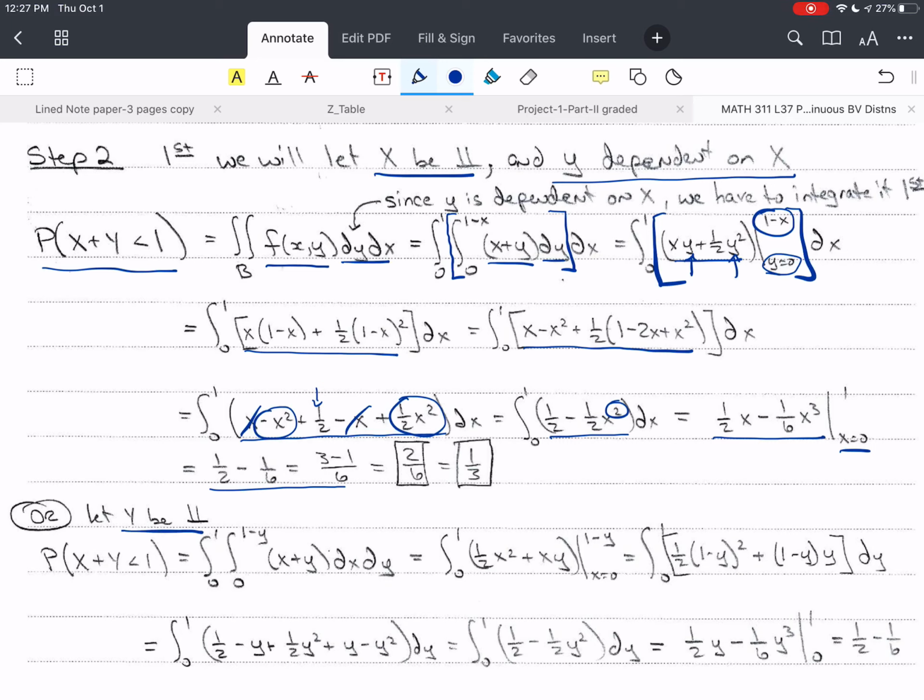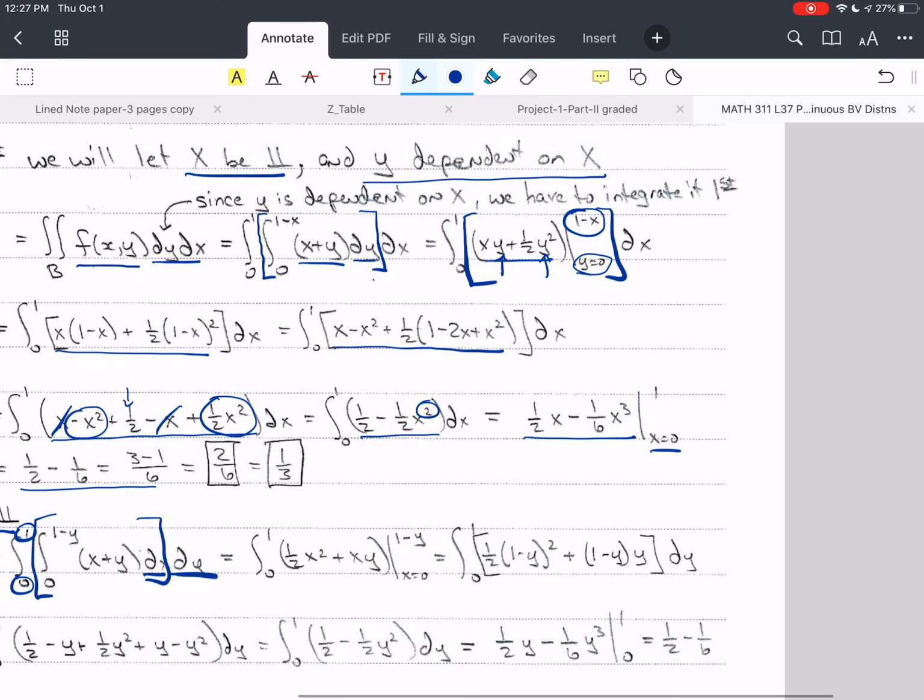Now I'm going to express y independently of x. So y will be the second integral from 0 to 1, and x will be the first inner integral, going from 0 to 1 minus y, x plus y dx. So I'm integrating that with respect to x. I get 1/2 x squared plus xy. Again, I forgot my dx. Need that. Equals.